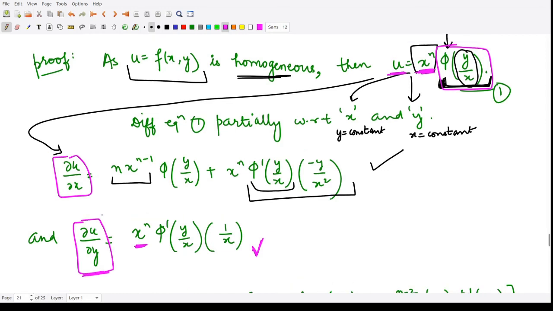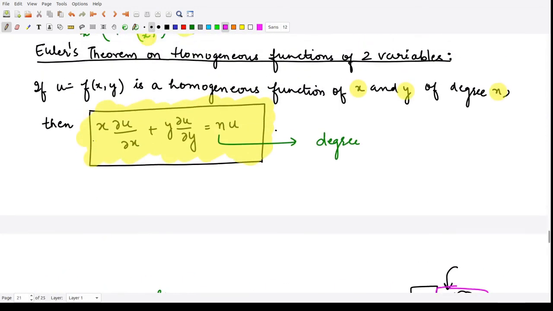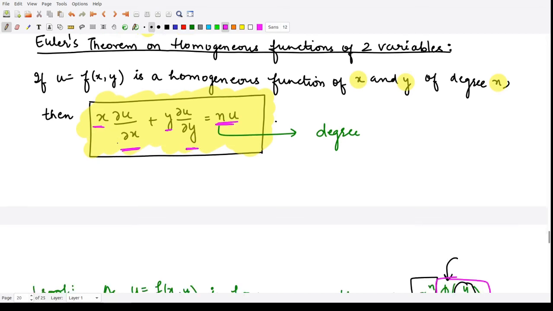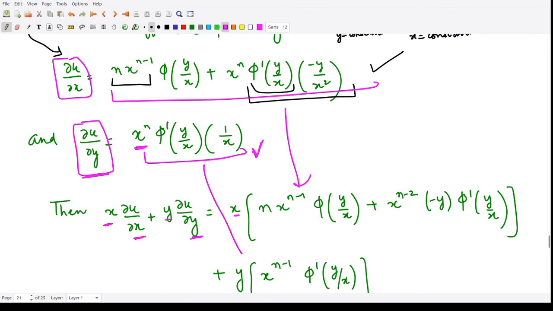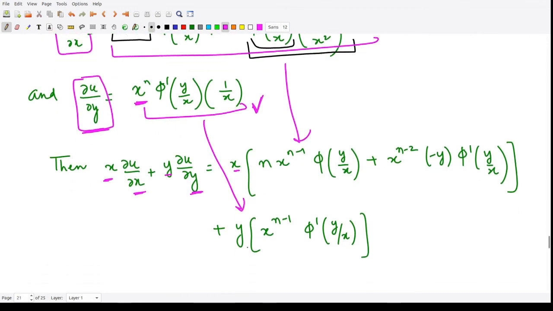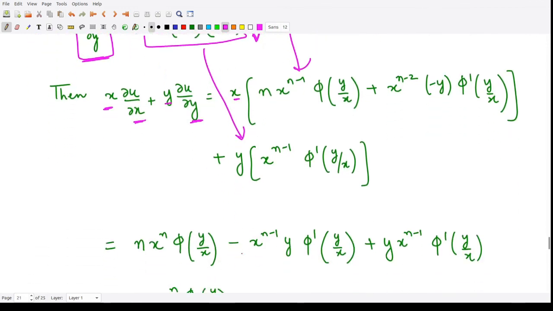We have to show that x into del u by del x plus y into del u by del y is equal to nu. So we'll consider the left hand side, which is x del u by del x plus y del u by del y. When you substitute this whole quantity here and this whole quantity here, it becomes this.